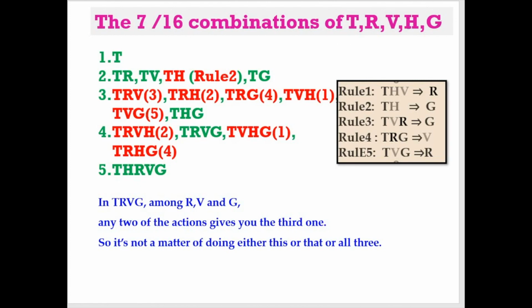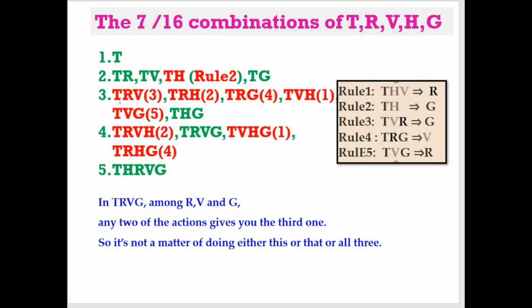No other combination like RVH, RVG, VHG, RHG are considered because T is not present there. So these are the combinations that we can have, and we rule out those that are not possible using the rules we have already mentioned. So we are left only with this. We know already that whenever T and H are there, G is there. So only this combination will work, the rest will not.